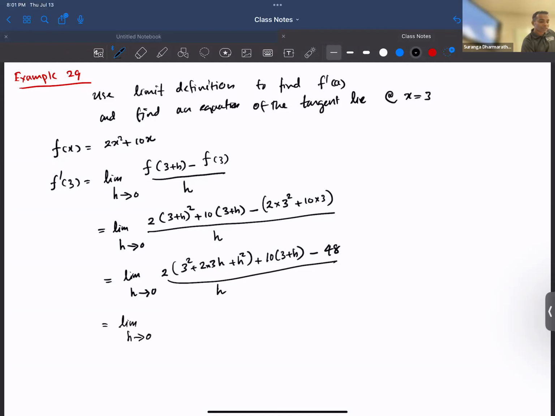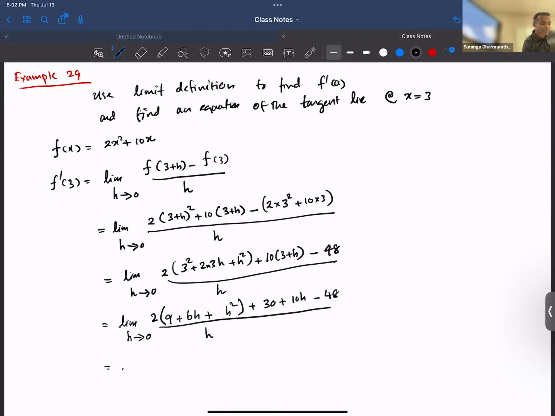This is 2 times 9, right? 3 squared is 9. Are you with me? 9 plus 6h plus h squared. Did that make sense? Sorry, I had to multiply by 2 from outside. Yeah, let's put the 2 in here.